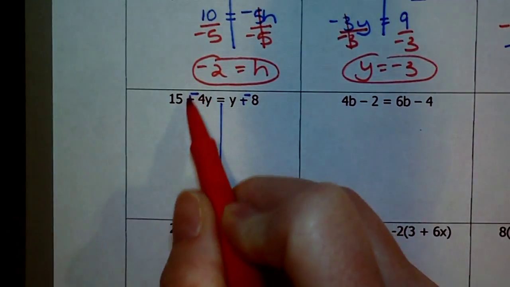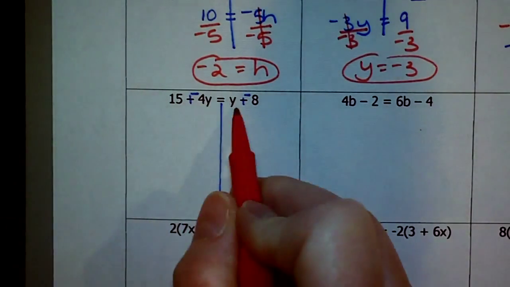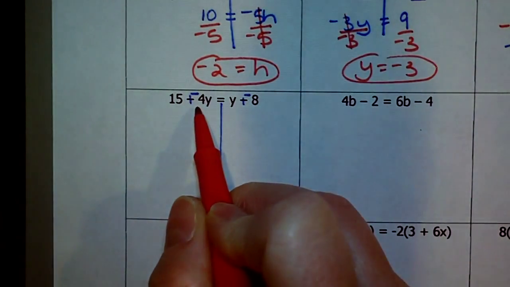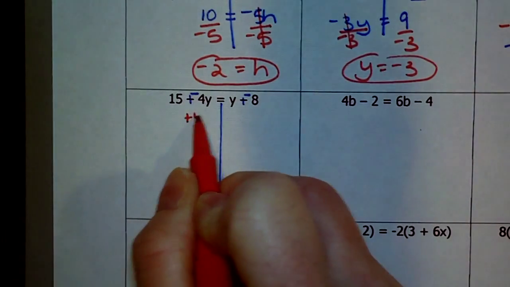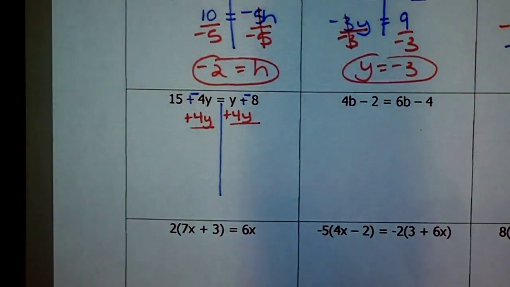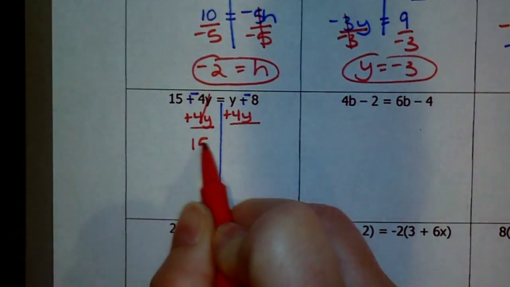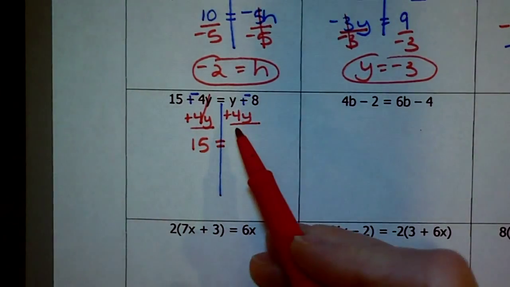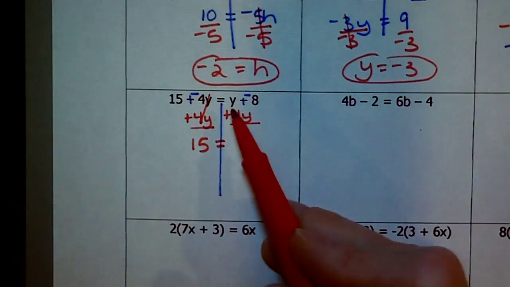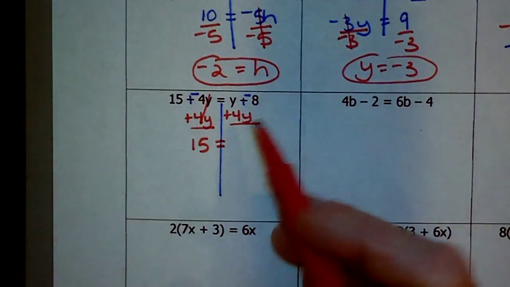To get rid of this negative 4y from this side, to put it over there, I can't just add those together. I have to cancel this out from this side first. So I have to add a positive 4y to each side. When you do that, those cancel out. 15 is left. On this side now, I need to combine like terms. I have y's. Those go together. 1y plus 4y is 5y.